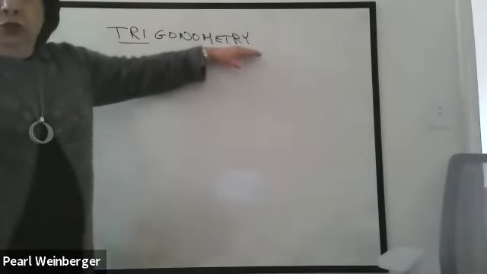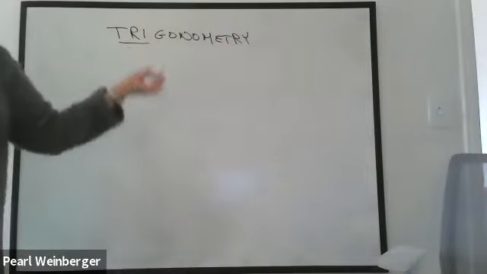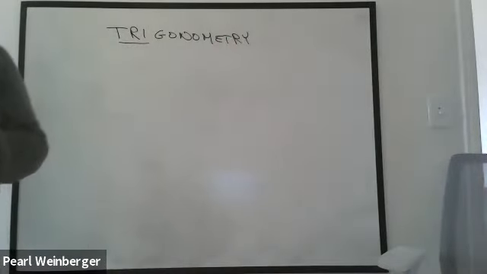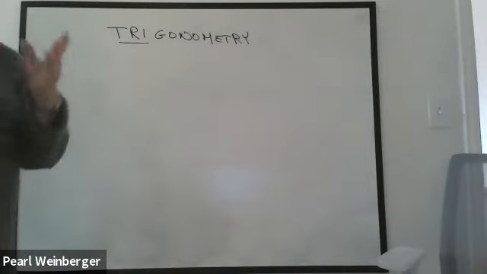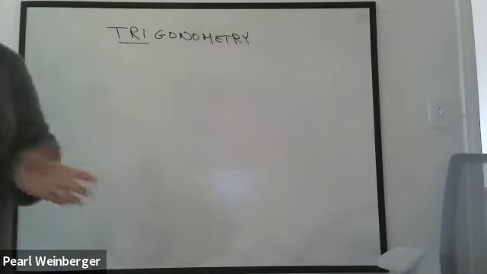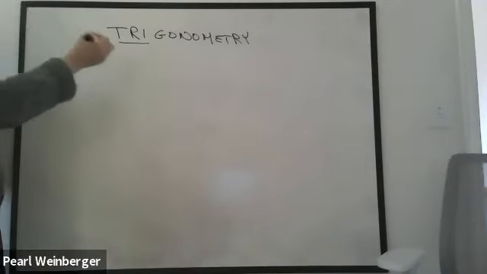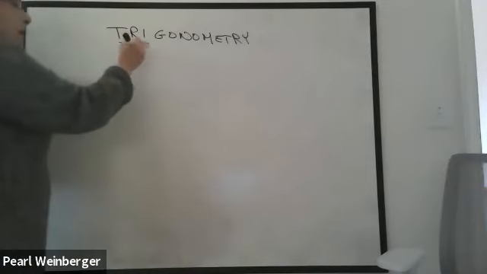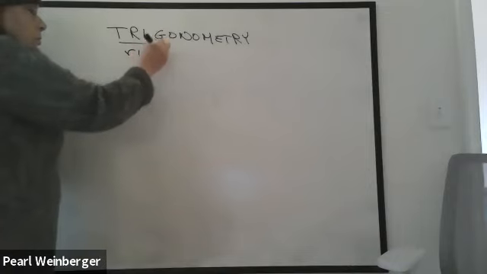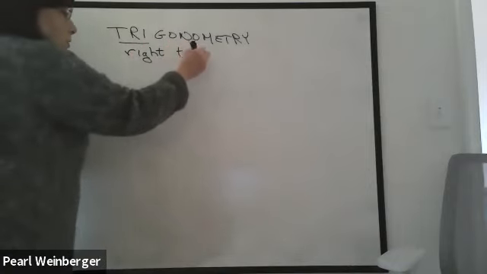Metry means measurement, from the word meter. So we're talking about how to measure different things in a triangle. And specifically, we're going to be talking about right triangle trigonometry.